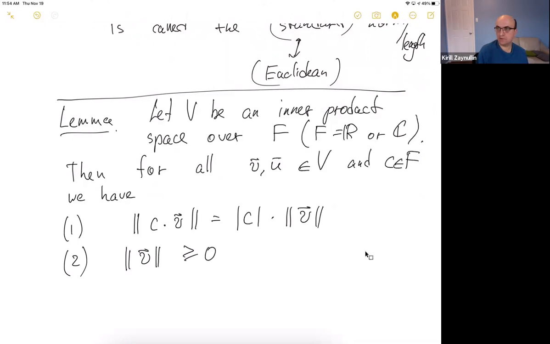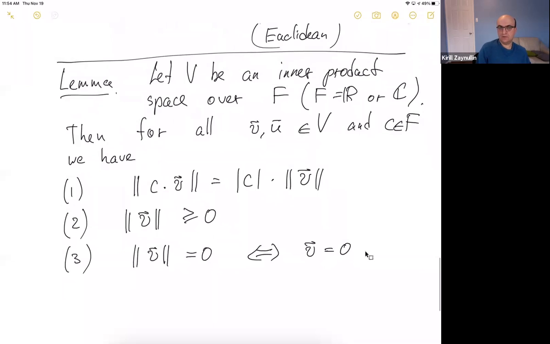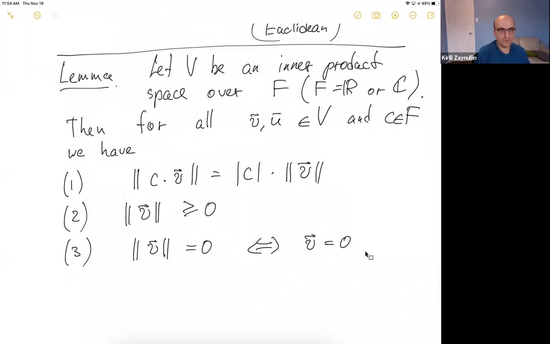That's clear, right? And third, the norm of v is 0 if and only if the vector is 0. And that's also clear.